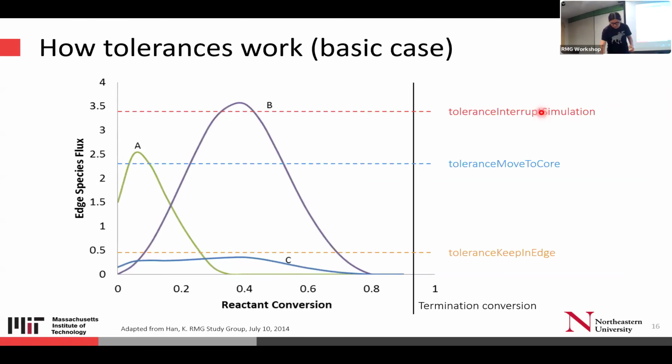If you decrease this tolerance, you're going to get more species added in. So you can run RMG multiple times and keep decreasing that tolerance to get more things into your model. What you will probably find is that it converges at some point, and lowering this tolerance doesn't help you at all, because you've already gotten all the critical chemistry in there.